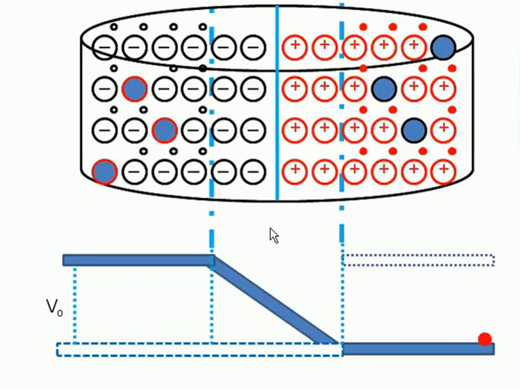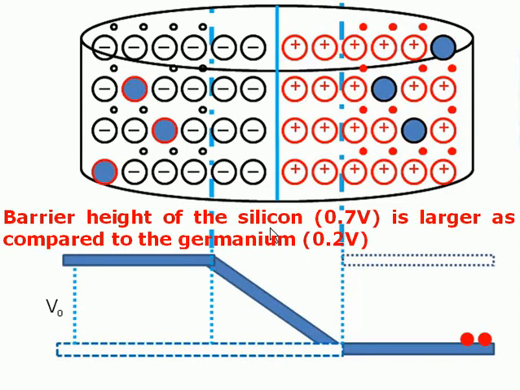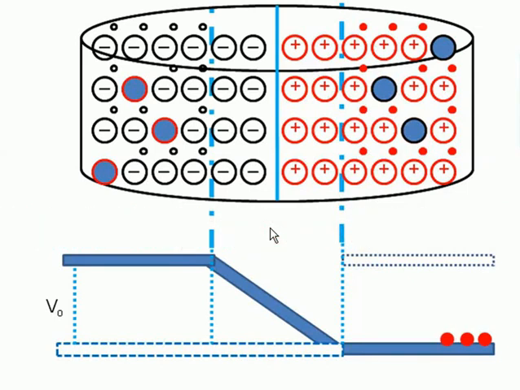So the barrier height for silicon is larger as compared to germanium. So the electrons, the majority charge carriers from the n side, cannot cross the junction, as you can see here. The reason for that is this barrier height, right?